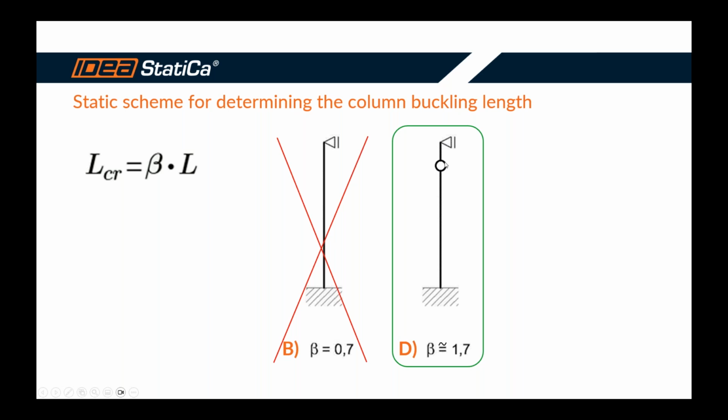So there's like a hinge, a virtual hinge in between, and the factor for calculating the critical length is not 0.7 but something around 1.7. So if I would now repeat the hand calculation with this factor, I will end up with a failing code check also in the hand calculation, right?